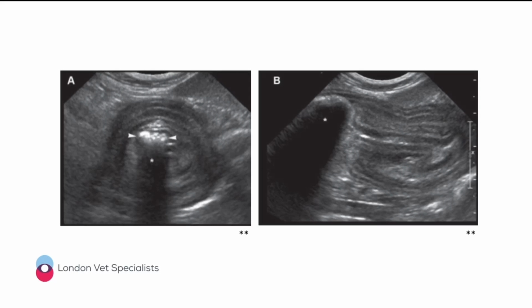So here's another example of an intussusception in A. We can see a jejunal intussusception secondary to a linear foreign body. So here, as well as having the different layers of bowel, so the outer layer, the intussuscipiens, the inner layer, the intussusceptum, we've also got this hyperechoic structure with associated shadowing in the center.